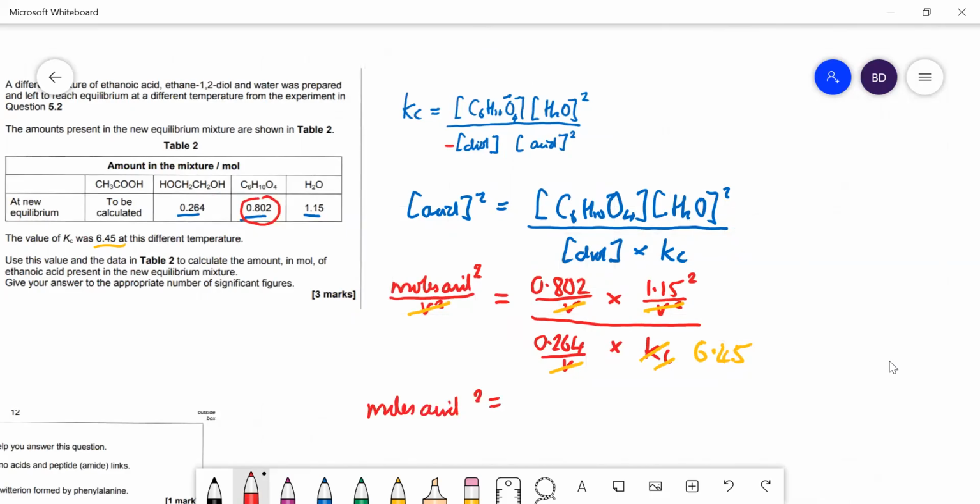That gives us 0.622. Take the square root of that to get the moles of acid, and on a calculator that gives 0.789 moles of ethanoic acid. So all those V's will go.